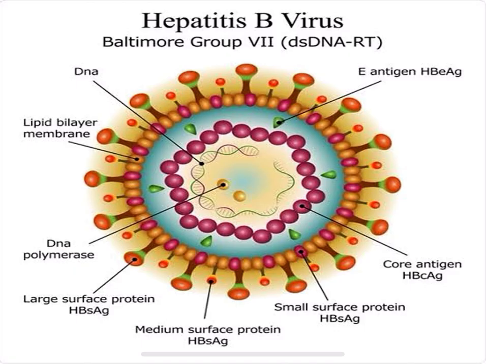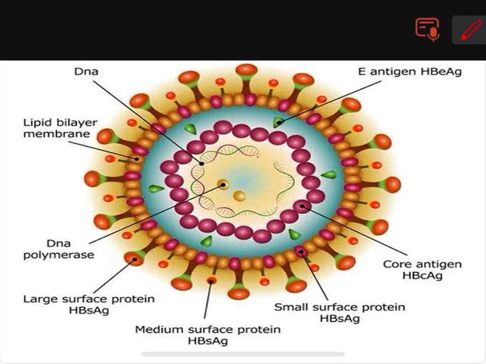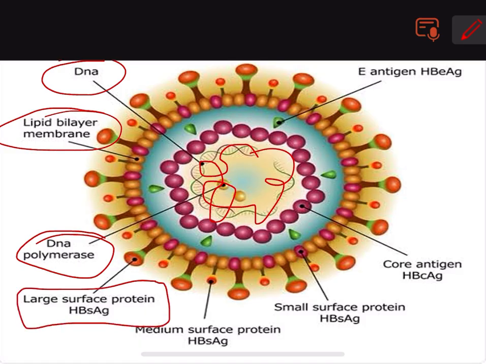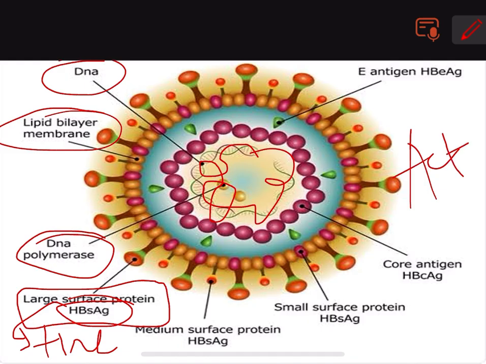So in the Dane particle, I want you all to have a look. We have this double-stranded DNA, and we have a lipid bilayer membrane and DNA polymerase, which helps in the replication of the virus. And we have the large surface protein HBsAg, which turns out positive on the test. It shows that the patient is having a current active infection, or was previously infected with hepatitis B virus.